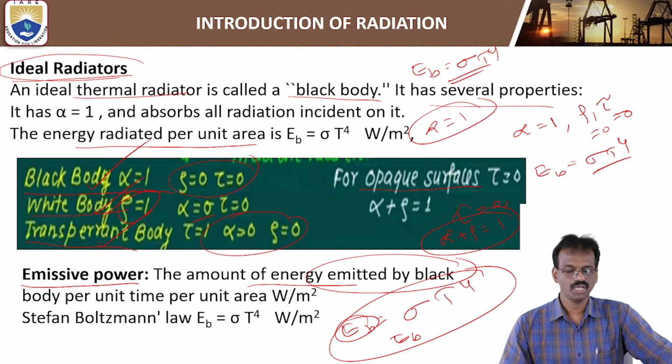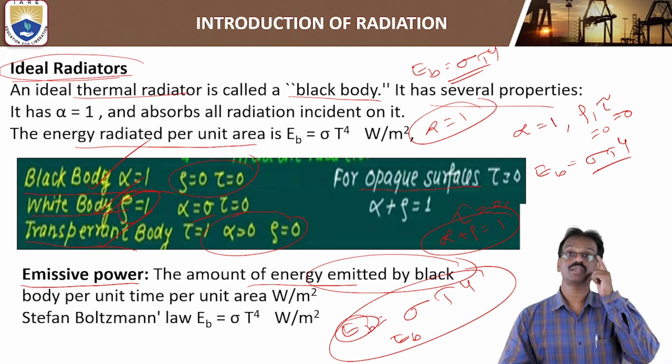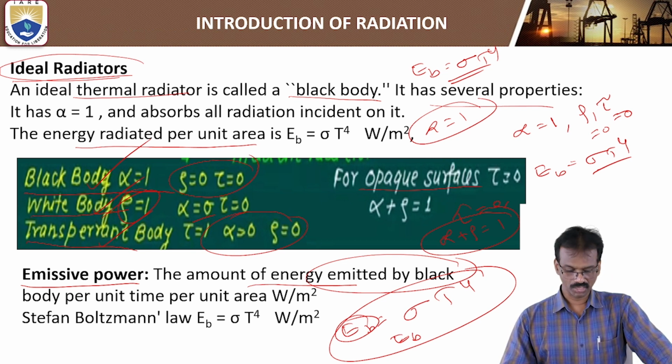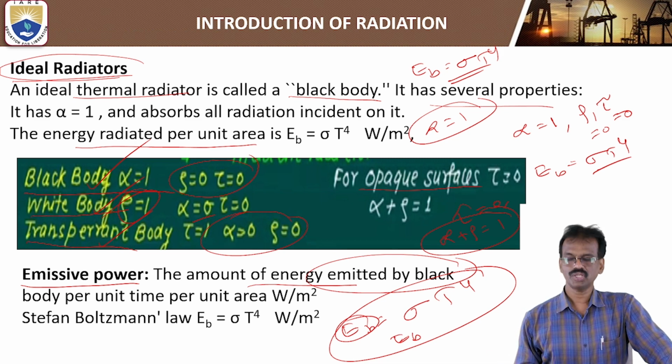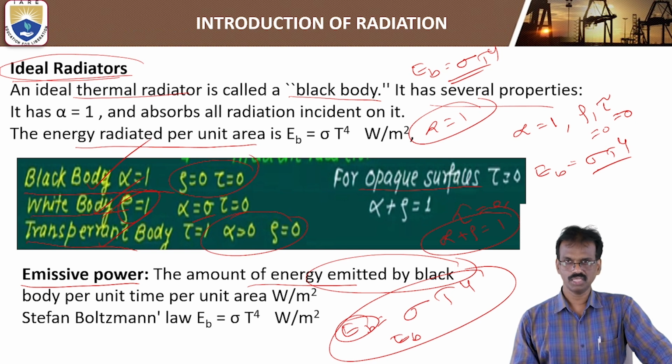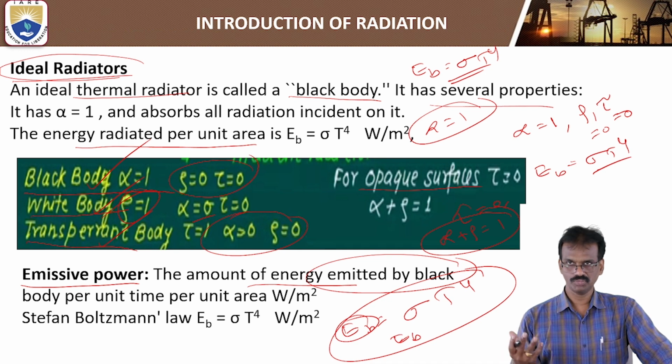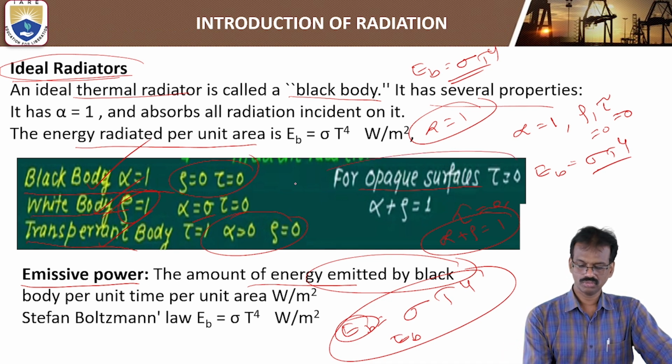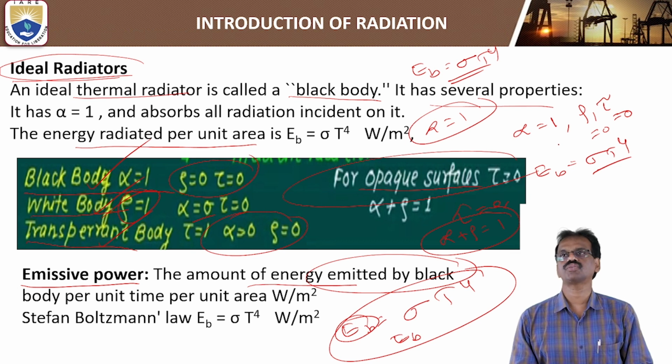A black body completely absorbs and completely emits. A white body completely reflects. A transparent body completely transmits the energy through it. And for opaque bodies there is no transparency property, which means energy does not pass through these bodies; it only absorbs or reflects. Those surfaces are called opaque surfaces.